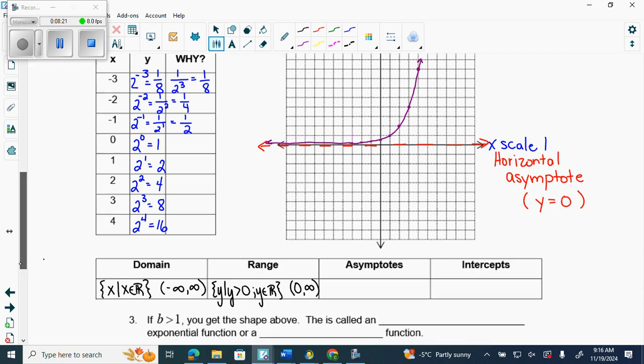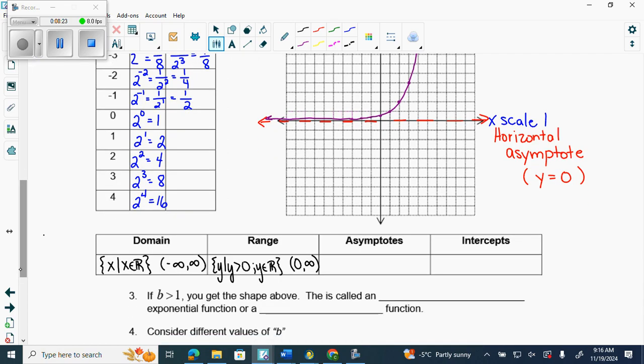What kind of asymptote do I have? Horizontal asymptote. Logs have vertical. And this one's at y equals 0. What about my x-intercepts? Do I have any? No x-intercepts.